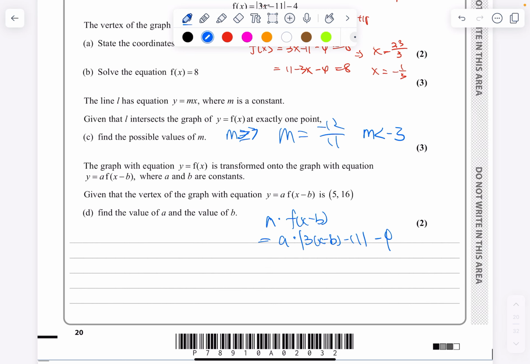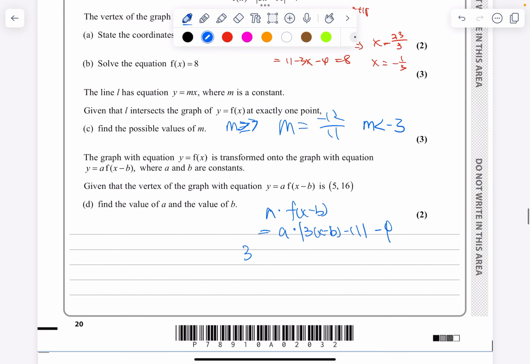Then it also mentioned 5 is the vertex, so that means 3x minus 3b minus 11, it should be 5 here, equals 0, exactly 0. So that means b must equal 4 over 3, if that makes sense.